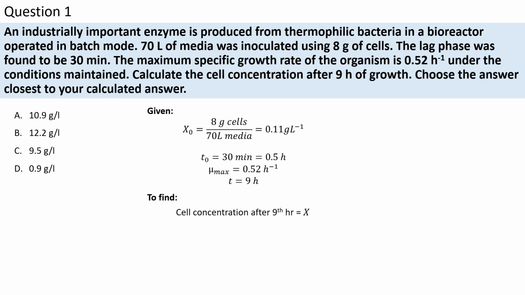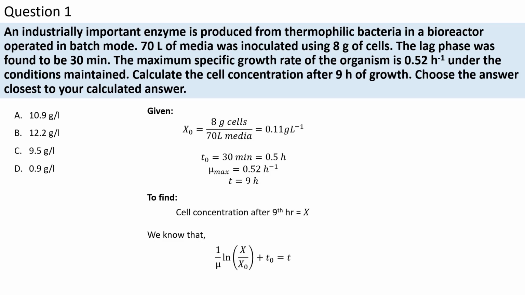So we have to find the cell concentration x after the 9th hour. We know the formula: 1 by mu ln of x divided by x naught plus t naught is equal to t.